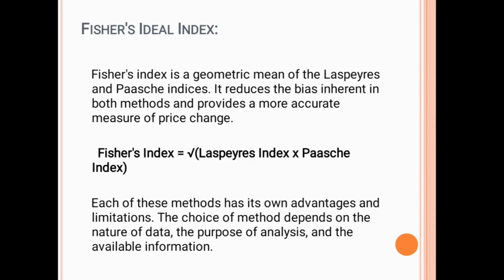You can also say square root of L into P. When you multiply Laspeyres and Paasche's values and take the square root of that, you will generate Fisher's index value. Each of these methods has its own advantages and limitations. The choice of method depends on the nature of data, the purpose of analysis, and the information given for analysis.